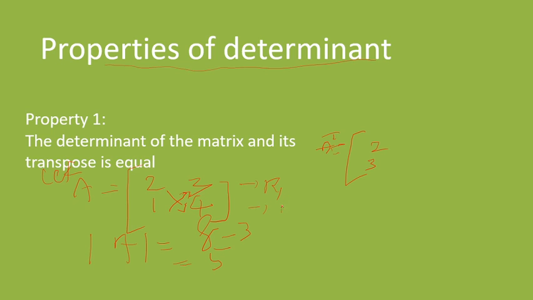Your second row will become the second column, 1 and 4. Now what is the determinant of A transpose? Again, 8 minus 3, that is 5. So what is the final result? We can say the determinant of a matrix and its transpose is equal.